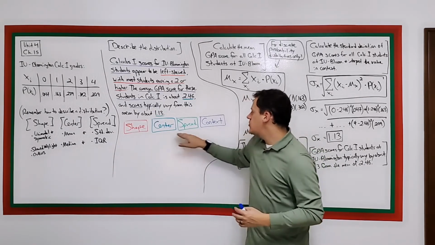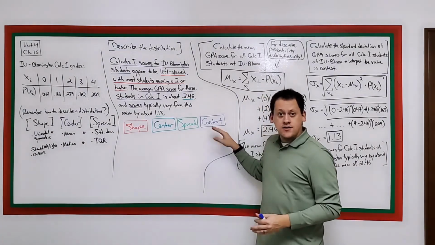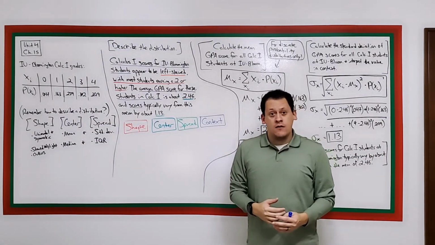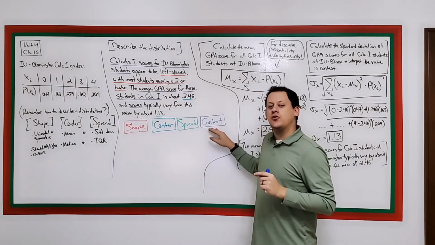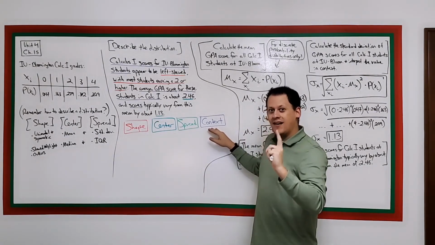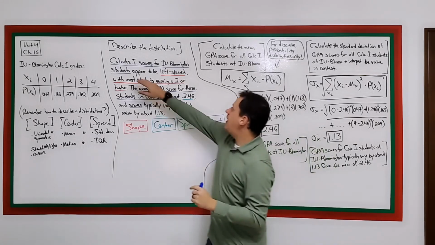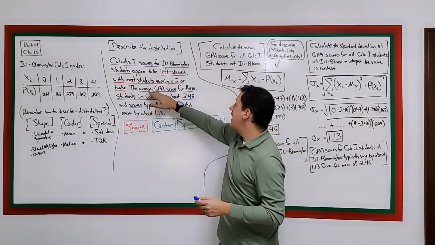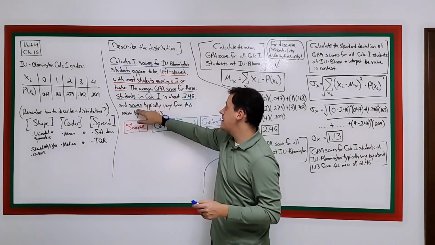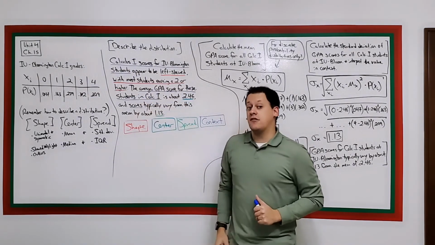But if you had these three without context, you only got a P. But to get credit for context, you only had to include once what the variable was. So if I had just said Calculus 1 scores for IE Bloomington students, blah, blah, blah, blah, and left out the context here and here, that would still get full credit.